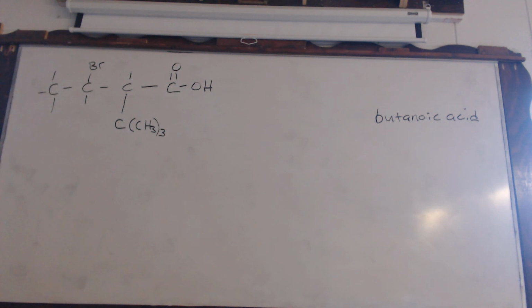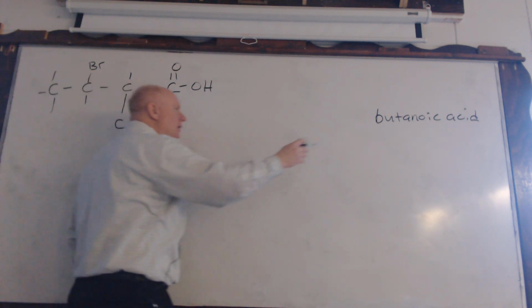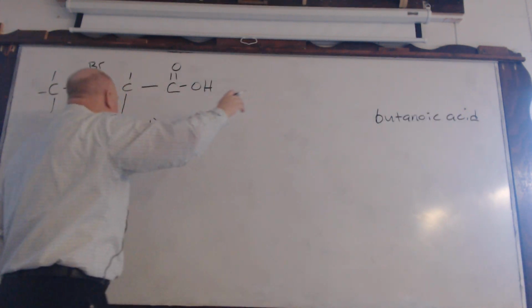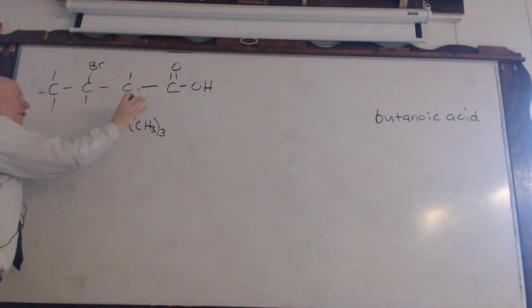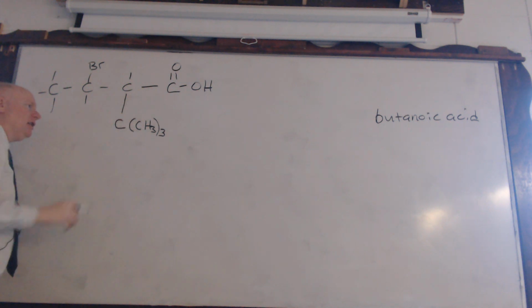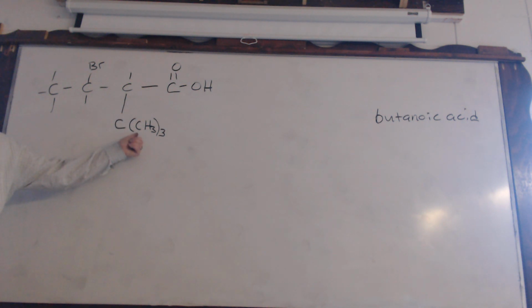So the reason that this may look really difficult is we know that 4 carbons is our parent chain, because we've already established that here. But if you did not like seeing the condensed molecular formula, you could change this to its structural formula instead.